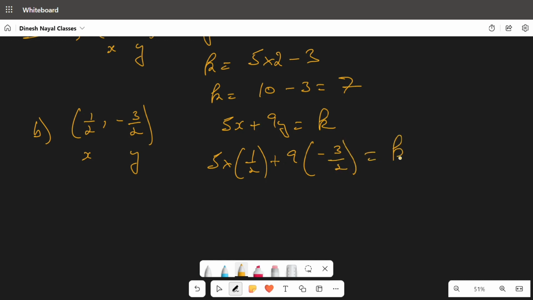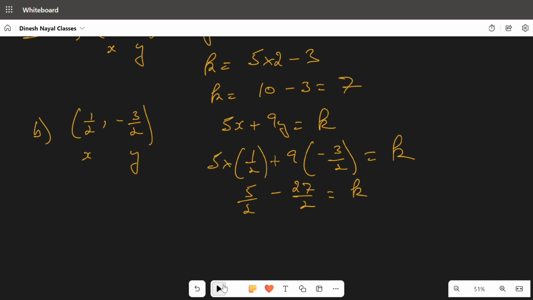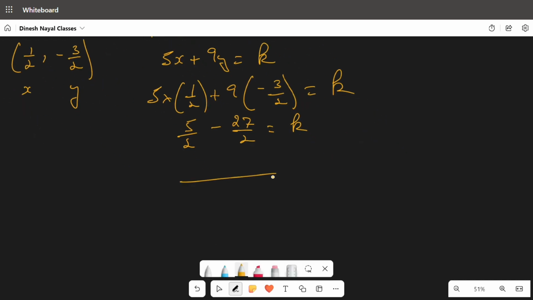Solving this will give you the value of k. So this is 5 by 2 and 9 times minus 3 is minus 27, so minus 27 by 2, that equals k. Now this is easy, just take the LCM as 2. This will be 5 minus 27, which is minus 22 by 2, that equals minus 11. So k is minus 11.